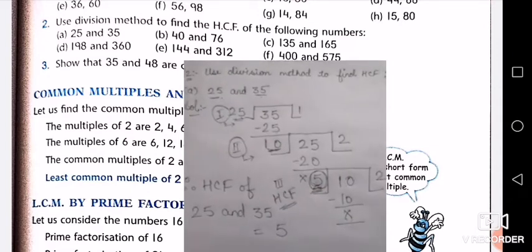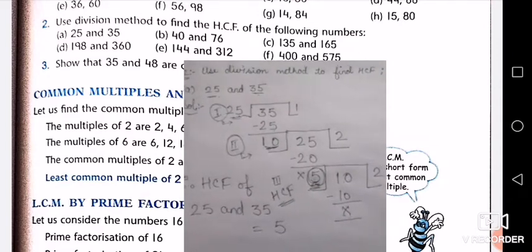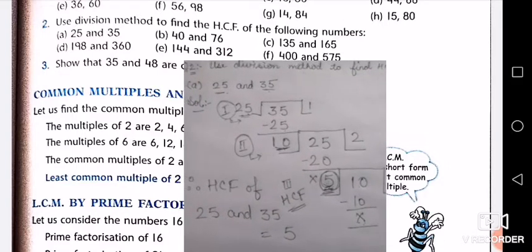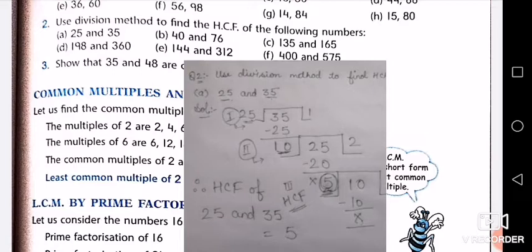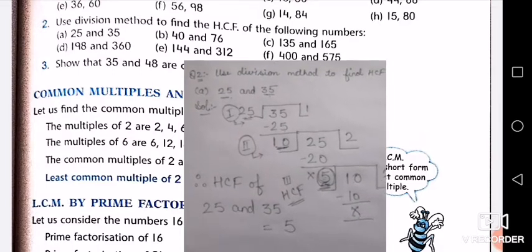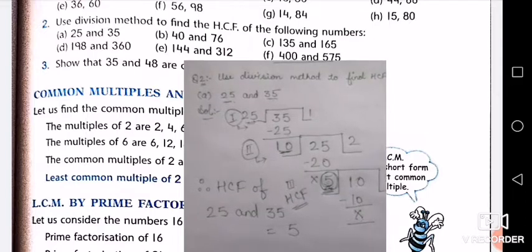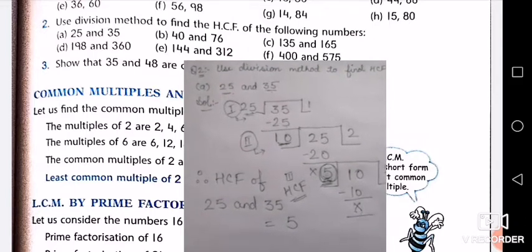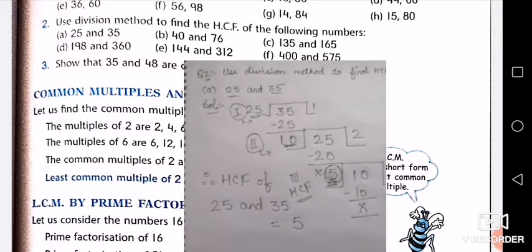Now here, as you can see, 5 will become, yes, the HCF of 25 and 35. Now this method is called the successive division method. Now let's do the B part of this question, 40 and 76.